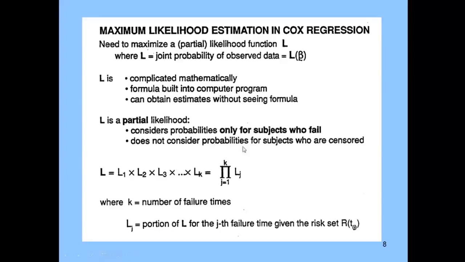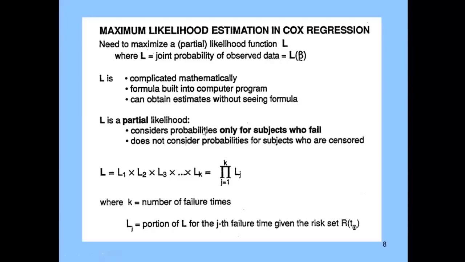Because what it does is, it's based on, remember how I took the data and I had two different data layouts, and in one of the data layouts I had to order the times at which people failed? In order to do that, I had to look and see, okay, who failed? What are the failures? I also had to see who was censored in order to set up that second table that I showed you.